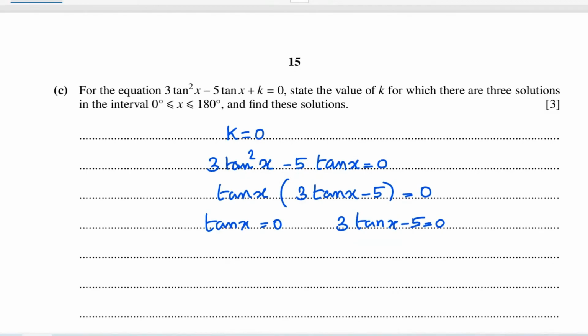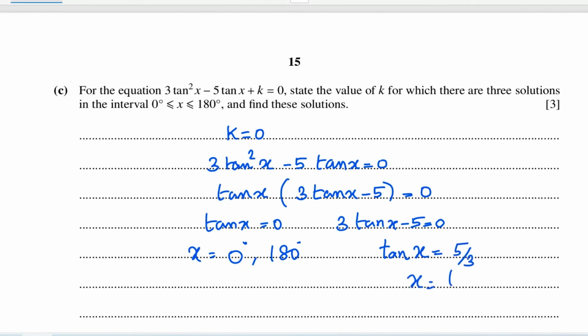So tan x equal to 0, that means x value will be 0 or 180 degree. And tan x equal to 5/3.